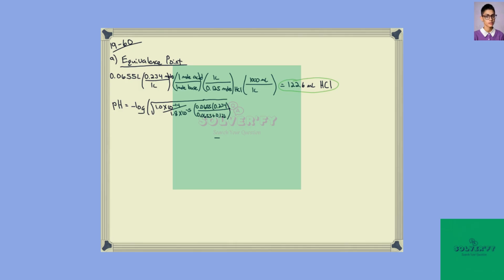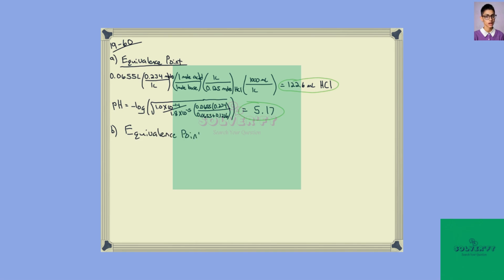The new volume is the 65.5 milliliters we started with, plus the 122.6 milliliters we added. So, the square root of Ka multiplied by the concentration of ammonium will give us the hydronium concentration. We take the negative log of that, and we get a pH of 5.17.